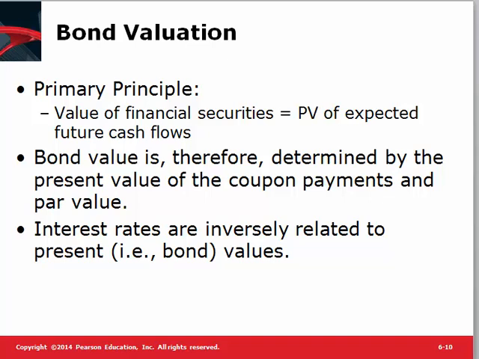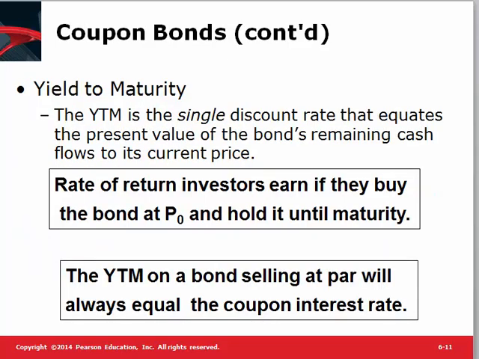One thing we have to realize, though, is that interest rates and values of assets are inversely related. So as interest rates go up, bond values go down. And this is true of all assets. As the required rate of return of an asset increases, its value decreases.